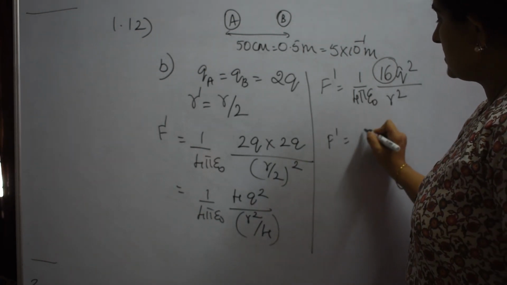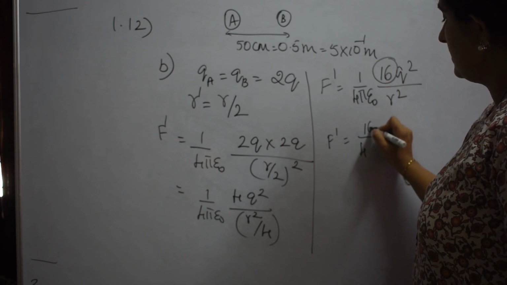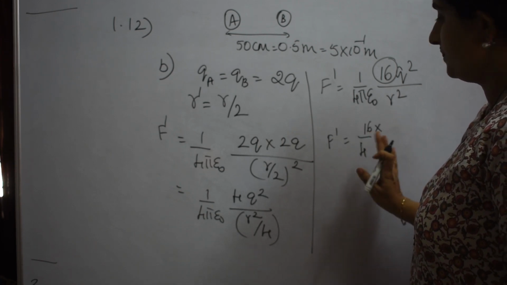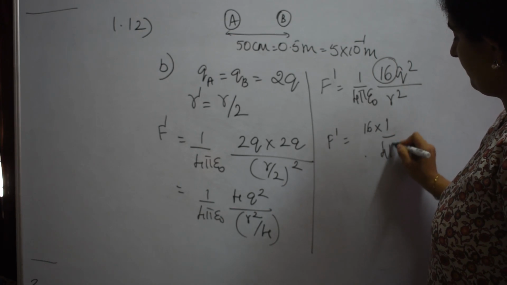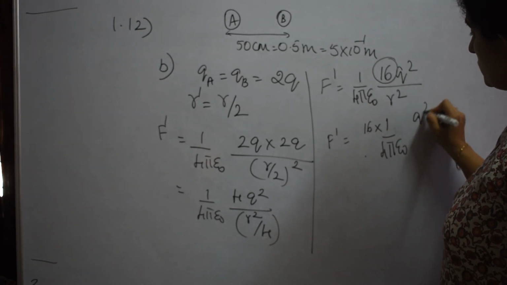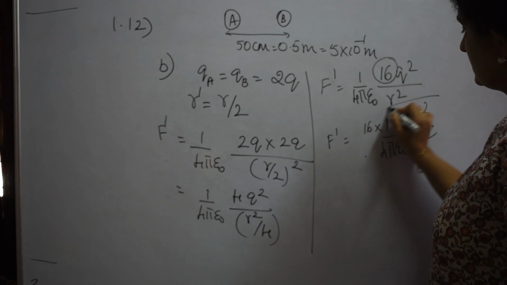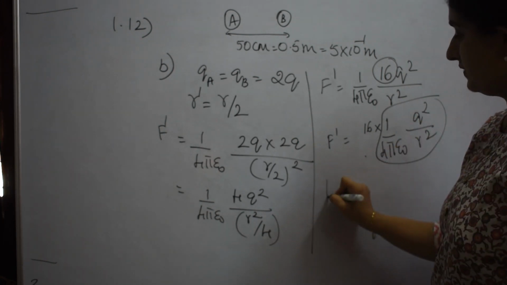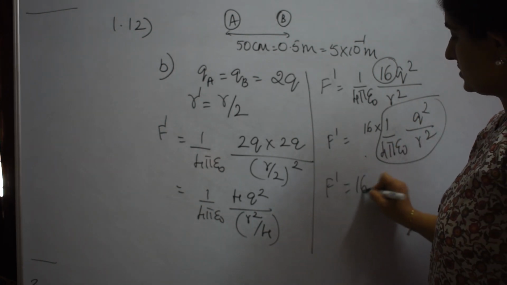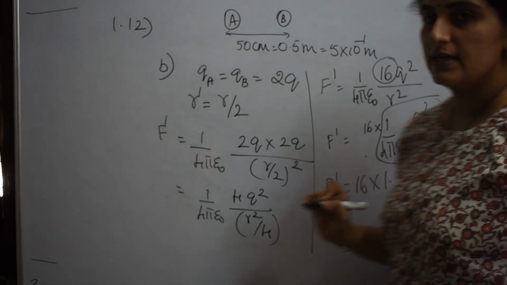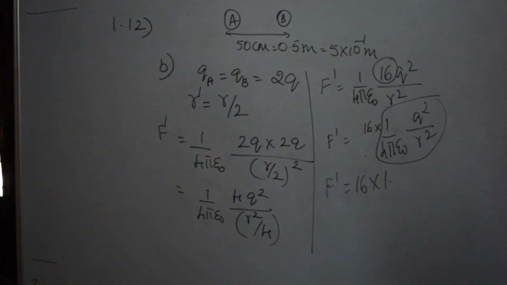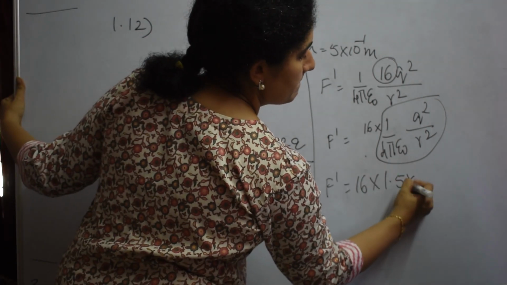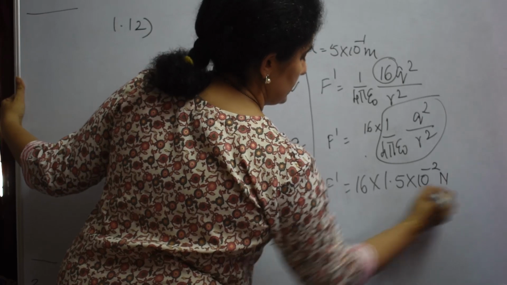So F dash is equal to 16 into 1 by 4 pi epsilon naught Q square by R square. This is the one which we found out in the first case. 16 into 1.5 into 10 to the power minus 2 Newton.